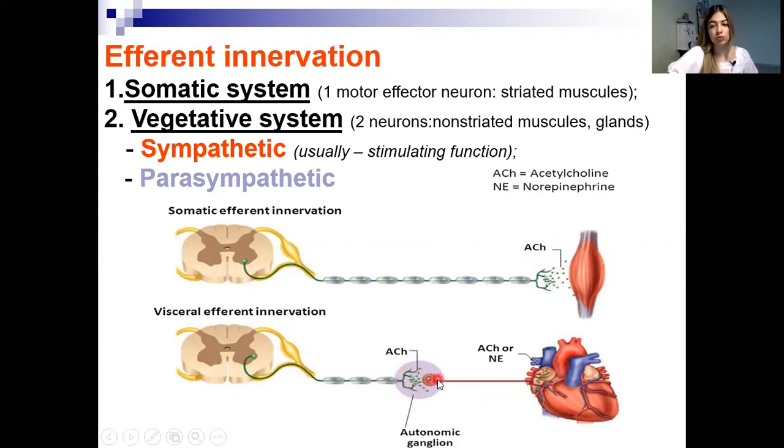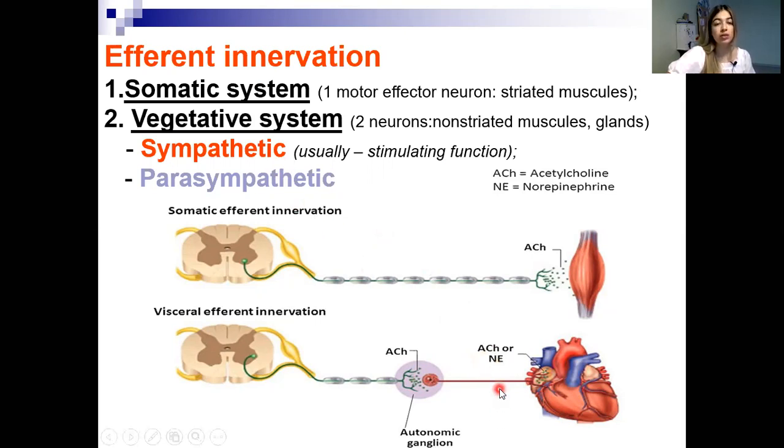And the second neuron, the postganglionic neuron, already innervates the affected organ. And actually, they are almost the same, but with one little difference for the different parts of the vegetative system, for the sympathetic and parasympathetic systems.